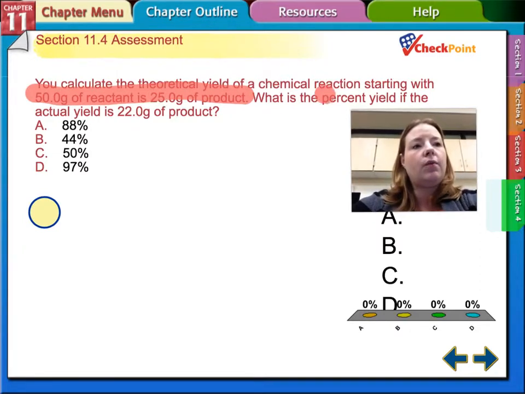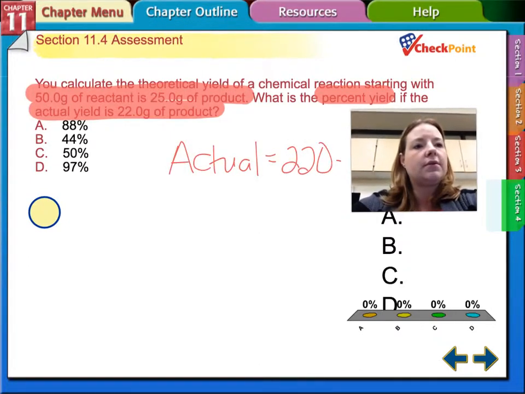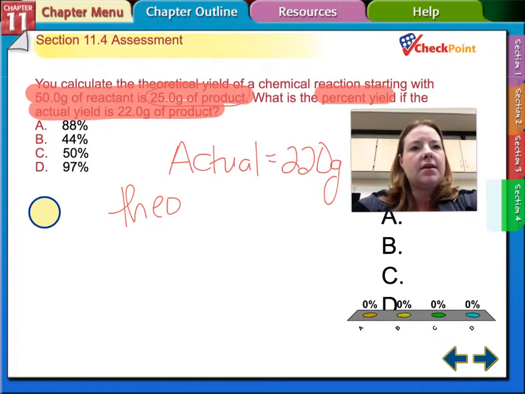We want to figure out what the percent yield is if our actual yield is 22 grams. So let's lay this all out first. We've got our actual equals 22.0 grams. Now, how much theoretical product should we have gotten? It says right here that our theoretical product should have been 25 grams.